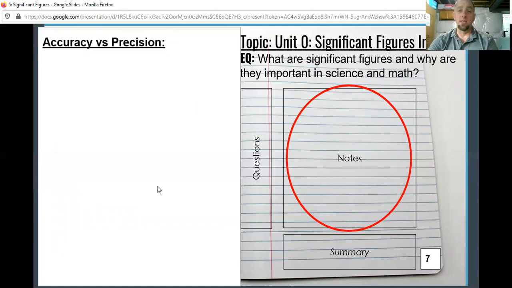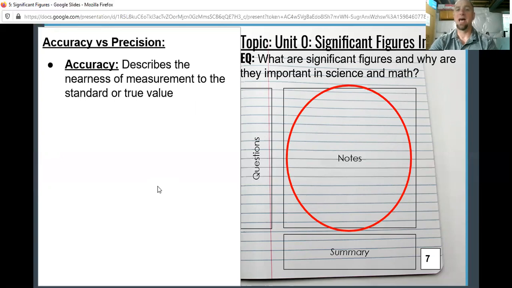One last thing that I want to go over is the difference between accuracy and precision. You also have a worksheet on accuracy and precision that you'll be doing here, and this is where you'll want to get some of the definitions for those two things. Accuracy describes how near a measurement is to the standard or true value.